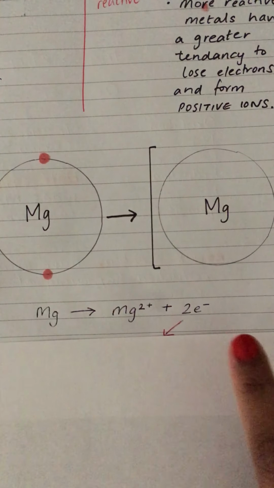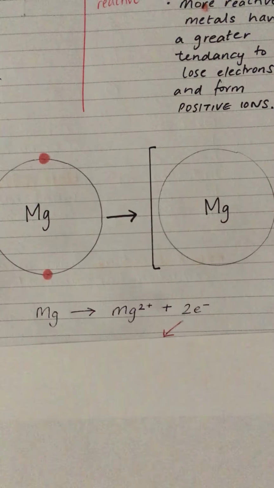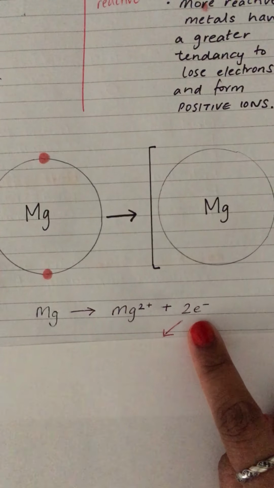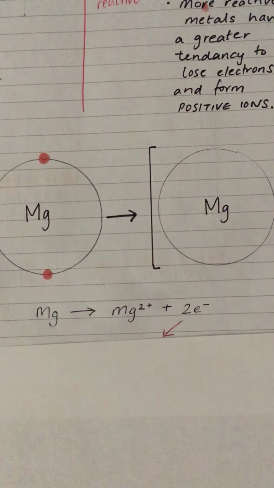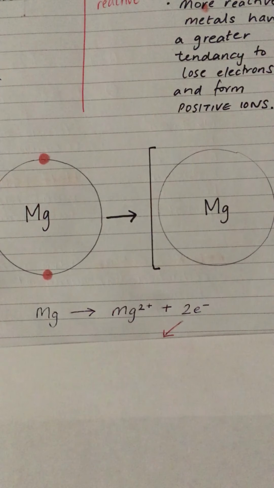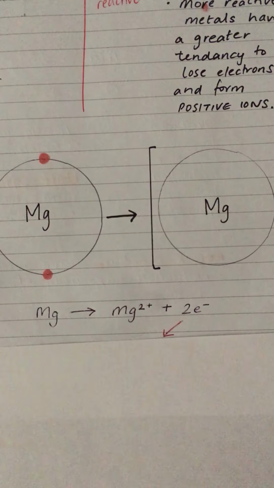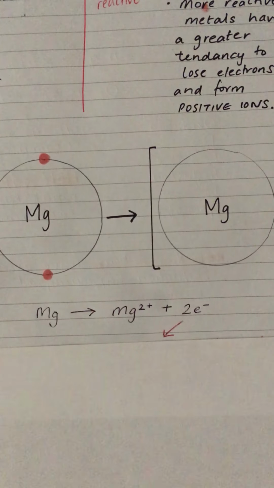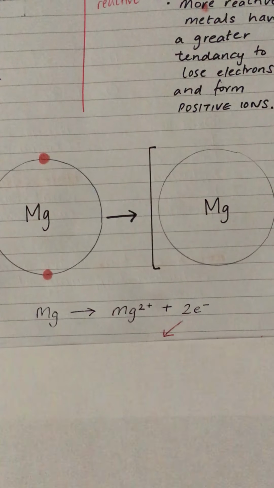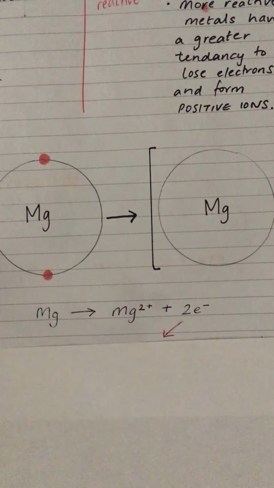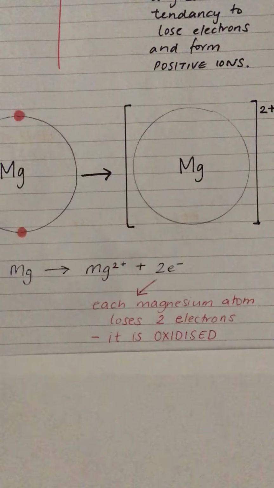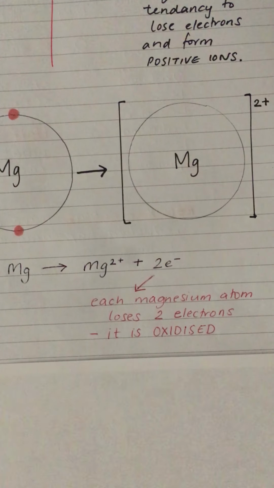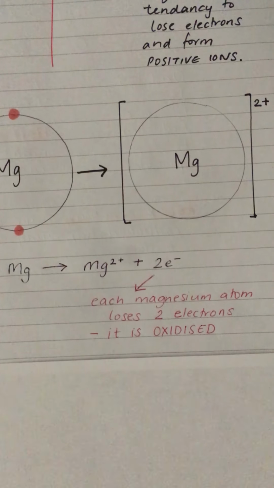And simply we'll use this symbol e minus, e for electron, and this minus charge tells us the charge of an electron. We know that each electron has a relative charge of -1, and we've got a big 2 in front because each magnesium atom has lost 2 electrons. We can also say that because it's lost 2 electrons, the magnesium atom is oxidized.